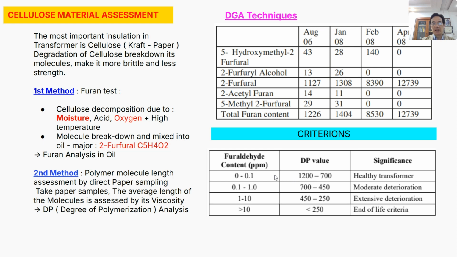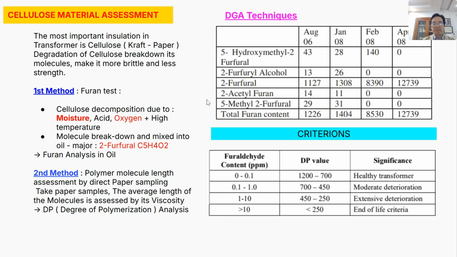The higher the furan in oil, the lower the corresponding DP value. Then here you can see, if you have more than 10 ppm furan in oil, that means the equivalent DP is less than 250. Then that is the critical situation.